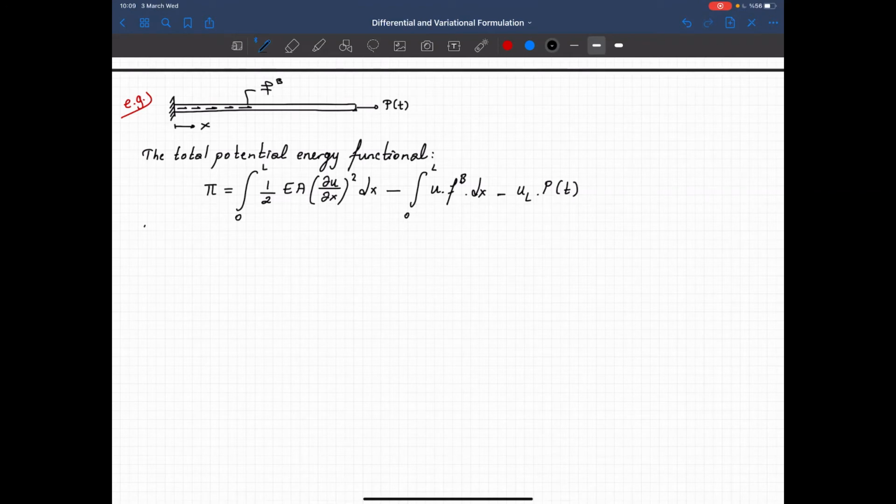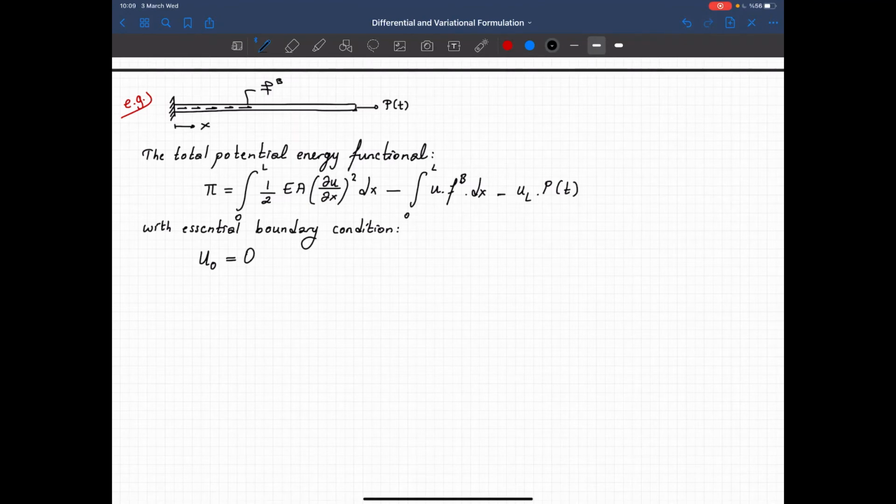And our essential boundary condition: displacement at x equal to 0 must be equal to 0. Okay, so we have the total potential energy functional and the essential boundary condition.